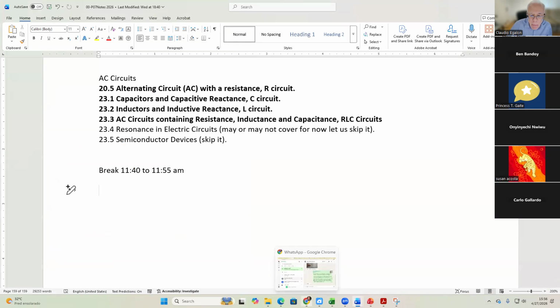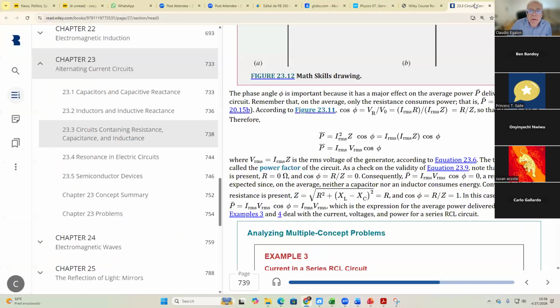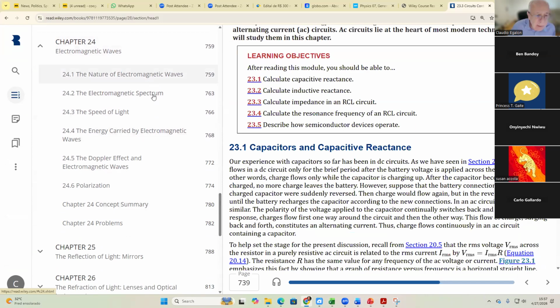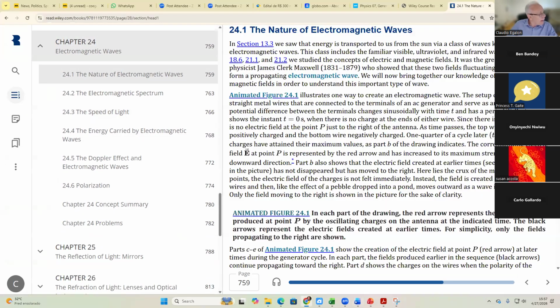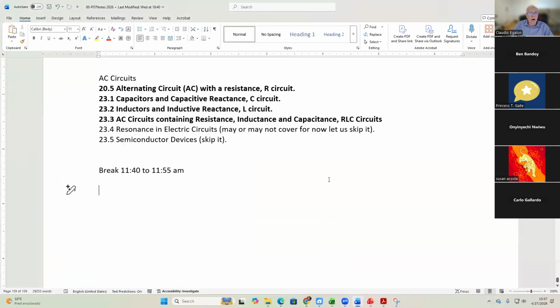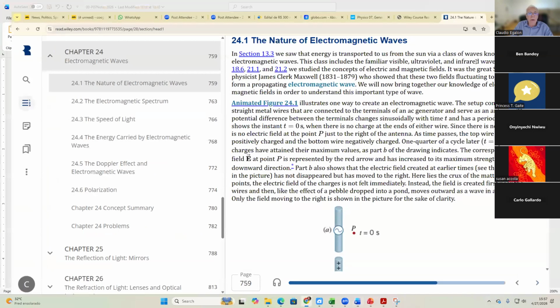Okay, now let's go back here to the book. Now we're going to look at electromagnetic waves. Yeah, that's a very important chapter because that's how telecommunications started.